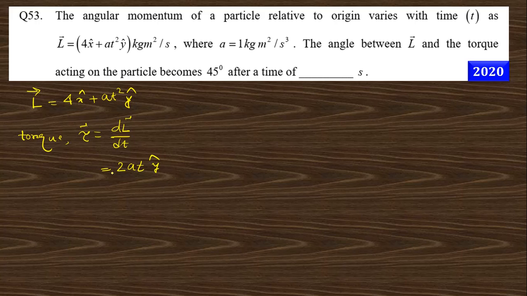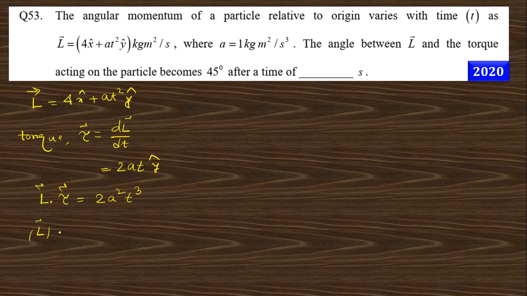So what will be the angle? For that you need to find the dot product. For finding the angle between any two vectors, you can use cos theta equal to their dot product divided by the individual magnitudes. The y dot y is 1, so the dot product becomes 2a square t cube.